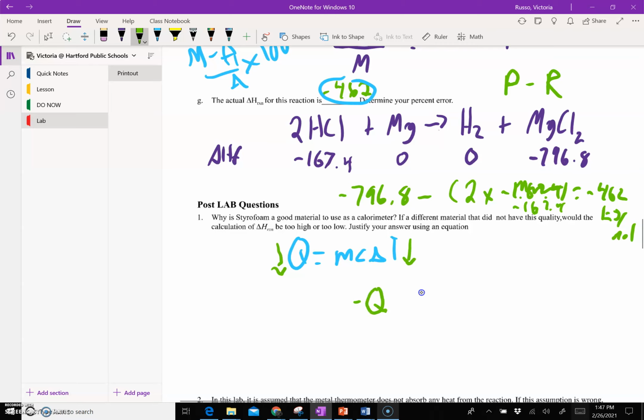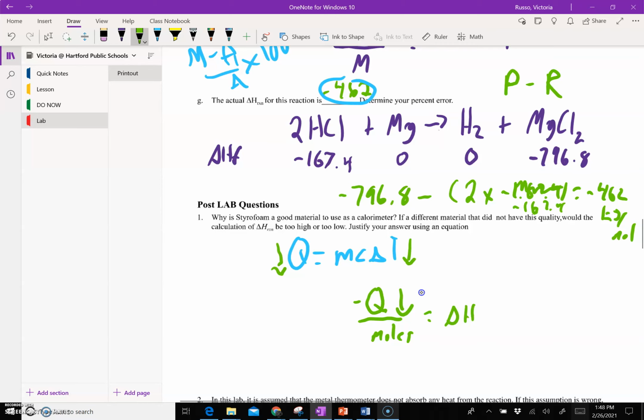Now this is going to be confusing. Because it's negative, there's a way to solve this, and then you end up dividing by the moles of magnesium, which is not affected. This value is too low in the formula. Now, normally when it's too low, that makes the delta H too low.